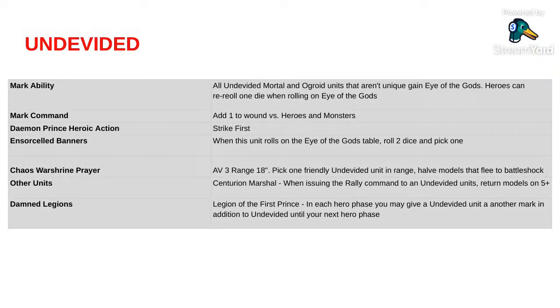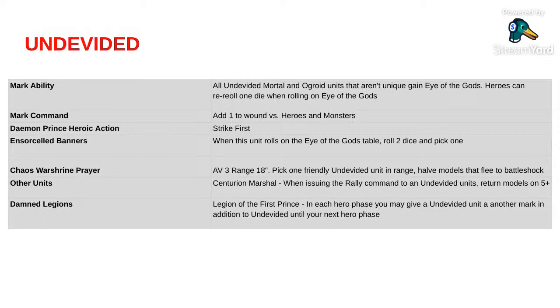Again, it's random, and obviously some are better than others, but there's only one that's really bad, and it's on Snake Eyes. So rolling on the Eye of the Gods table is not bad. And for your units that are not heroes, there's actually nothing bad on there. The worst thing that can happen is that your roll does nothing.